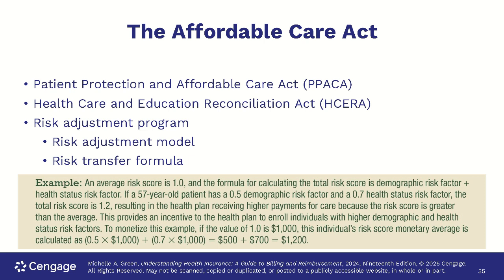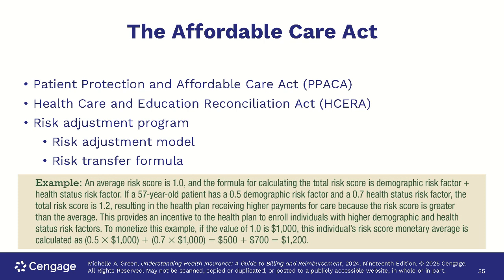And if memory serves me, we will cover that somewhere around chapter 4. But you also learned about them in the inpatient billing, the different reimbursement methodologies. Remember, prospective payment system, MSDRG, APCs, and the like.